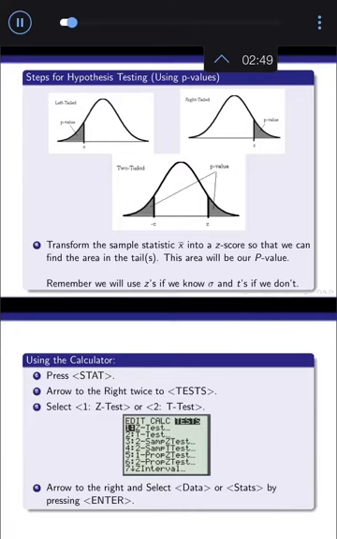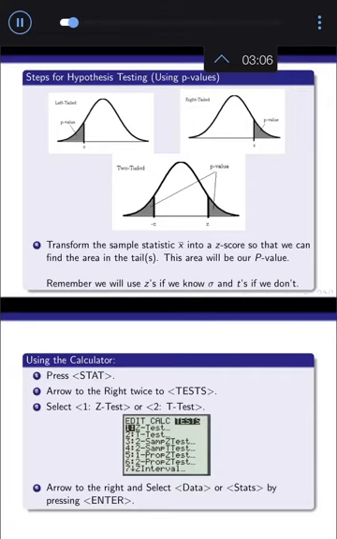So the question is, how do we know if we're going to use z's or t's? Well, that is based on whether or not we have the population standard deviation sigma.